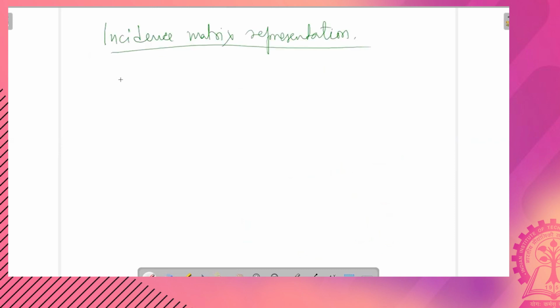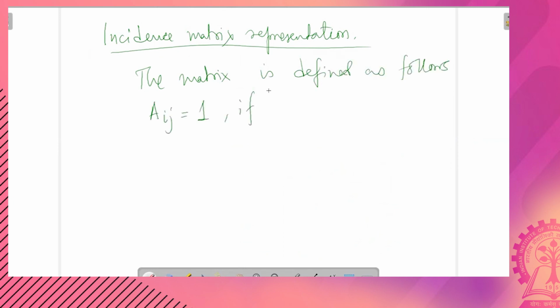The last thing that we need to discuss is the incidence matrix representation. In this representation of a graph, the matrix is defined as follows. Aij is equal to 1 if the jth edge Ej is incident to the ith vertex.